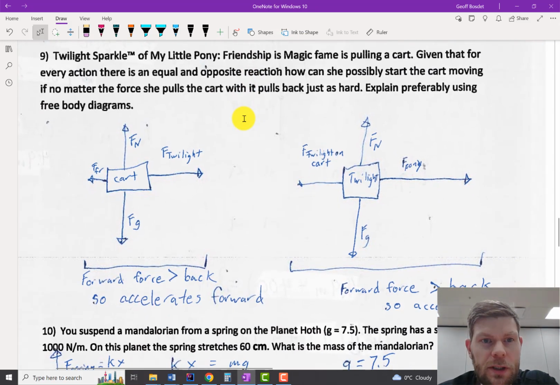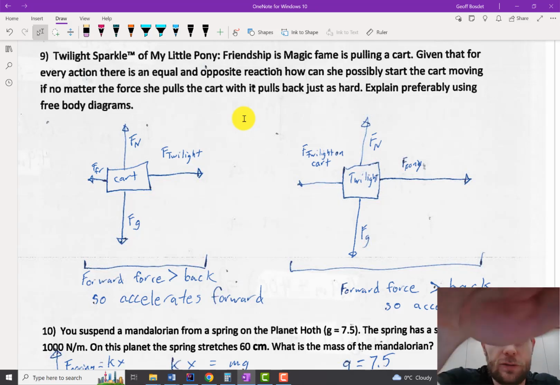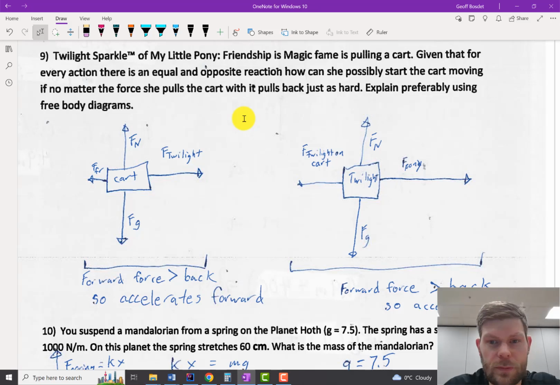The Twilight Sparkle one, the gist of that one is, this is a super old riddle, and the trick is the way it's phrased is supposed to make you assume that the force of Twilight on the cart is... or sorry, this is a bit messed up.